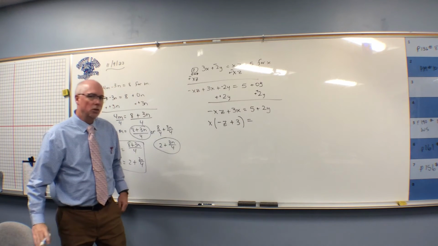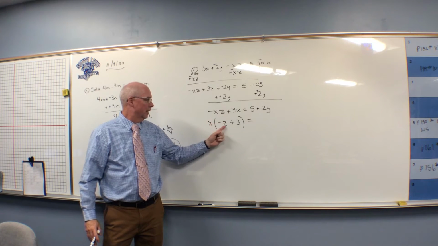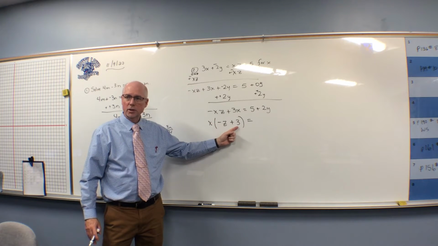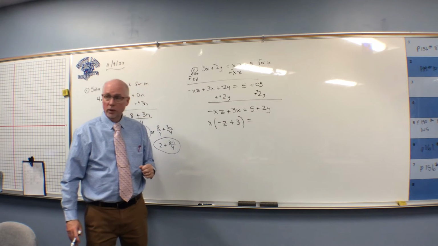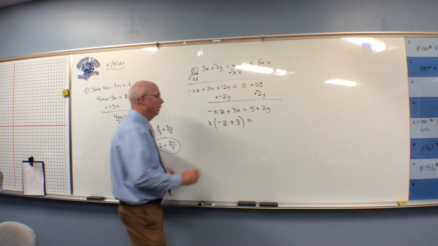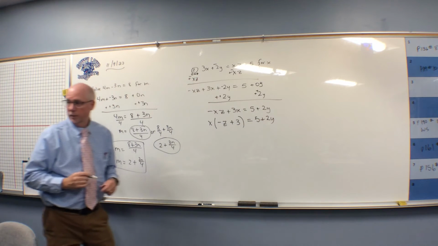Now you know you can do it right if you put it back in and you get the same thing. This will be a negative xz plus 3x. Do you see that? We good?